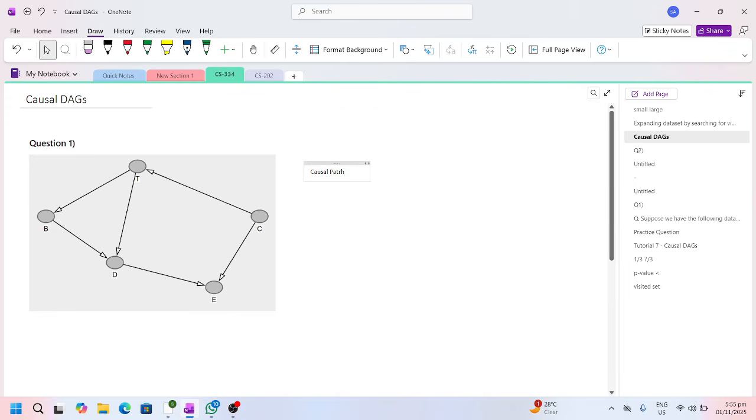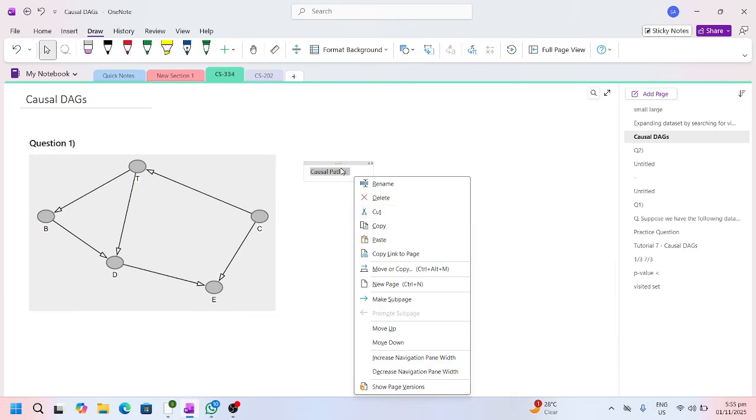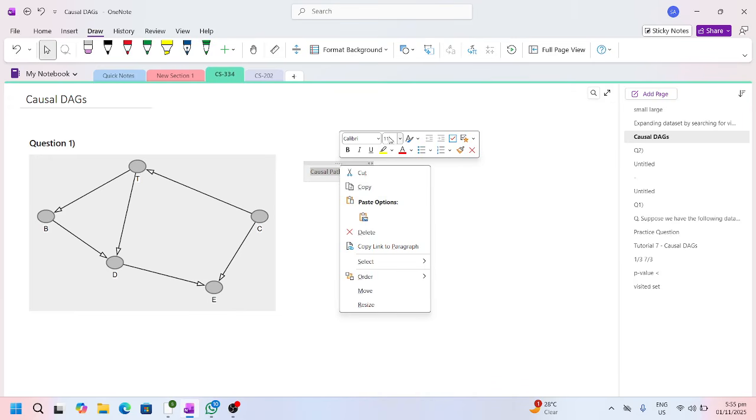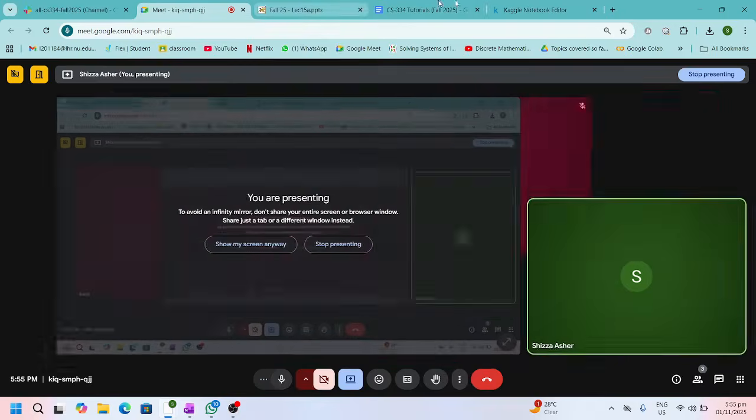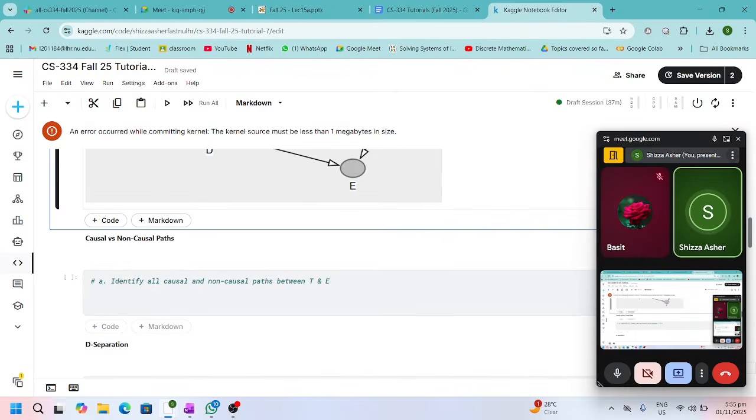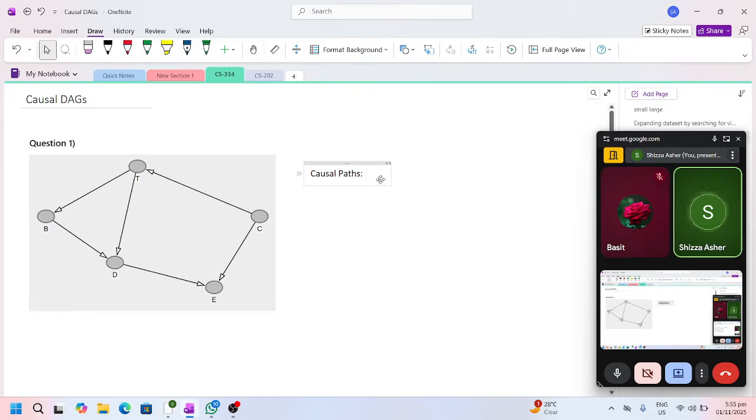So we will try and list all the causal paths between, let me make this a little bigger. Okay. So this I essentially forgot. All the causal paths between T and E. I will encourage everyone to try and work these paths out themselves as well.